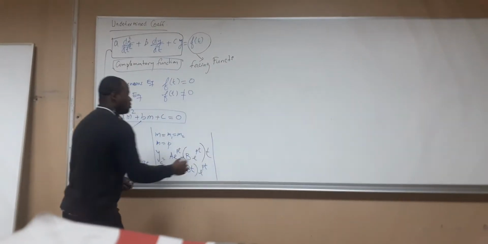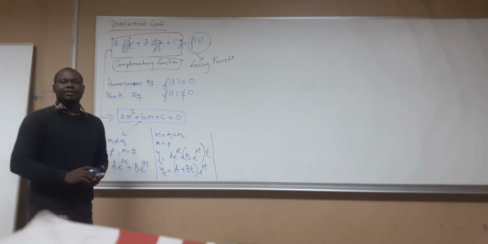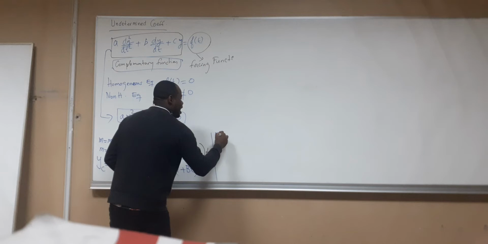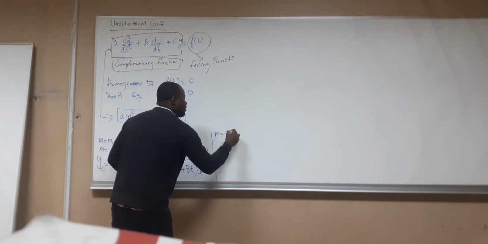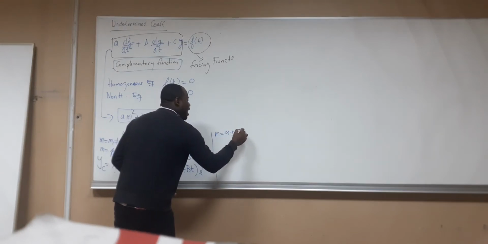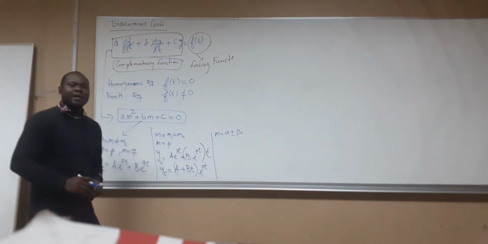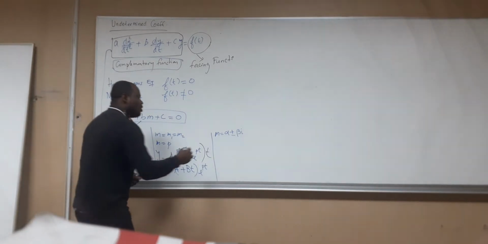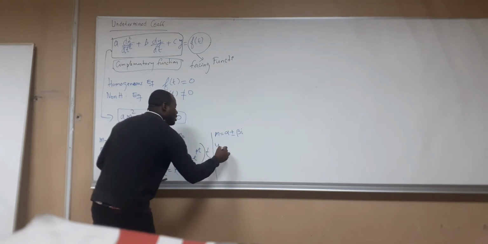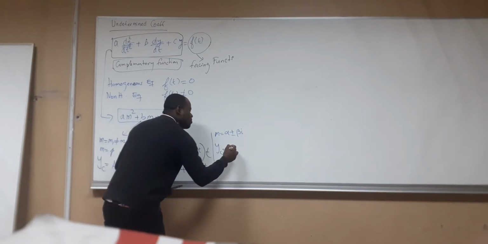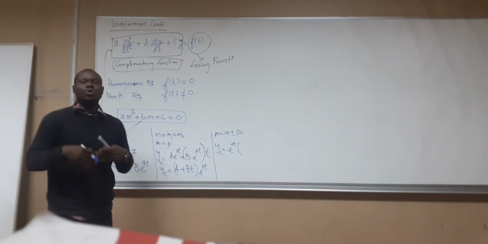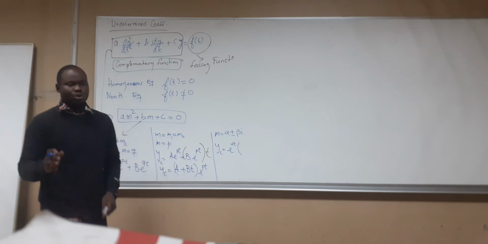The last case is when we have a complex root, which means your m equals, let's say, alpha plus or minus beta i. How do you write your yc? Your yc will be equal to e to the power alpha t, and you open the bracket. Please always start with cos.